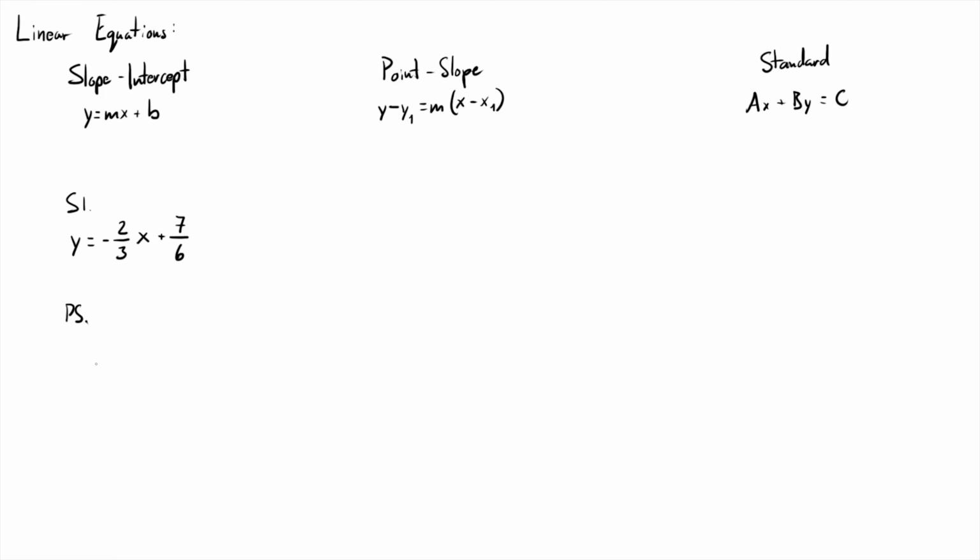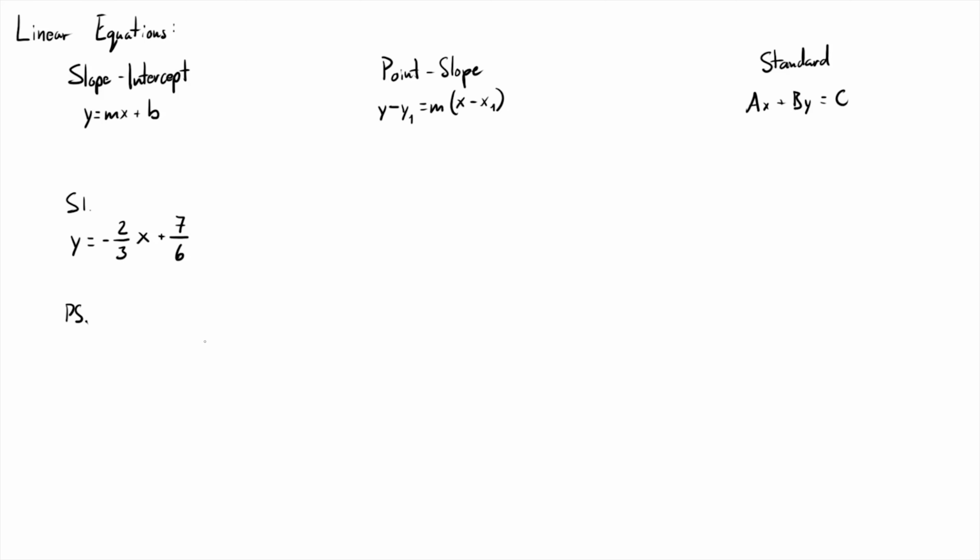So what do I need to do here in order to get it into point-slope form? Well, right now it's in the form of y equals mx plus b, and I want it to be in the form of y minus something equals m times something, that being y1 and x minus x1. So really I'm looking to get my y's on one side and my x's on the other side at the end of the day.